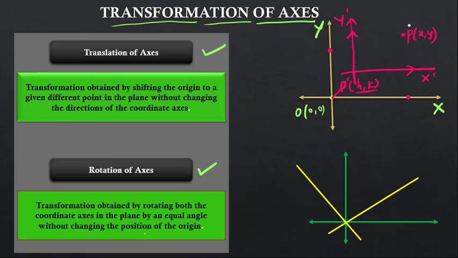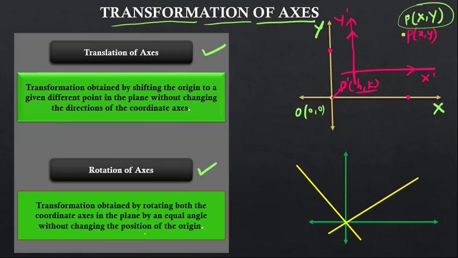The new coordinates of P with respect to this new axis, I'll write as capital X comma capital Y. When we shift the origin, the coordinate points will change.